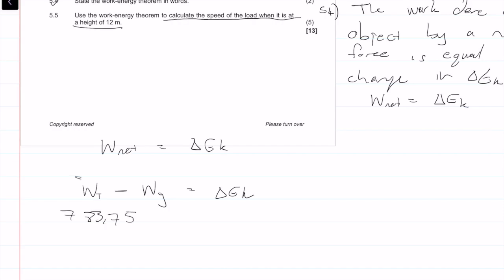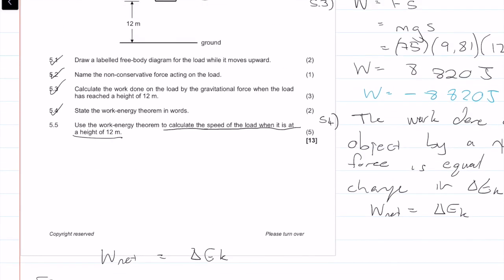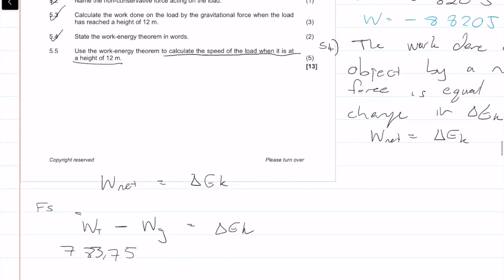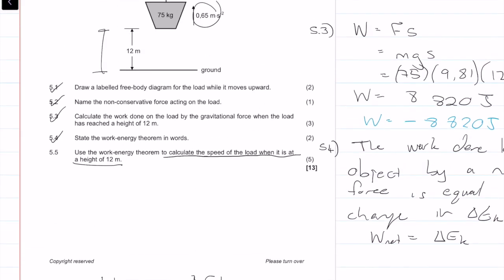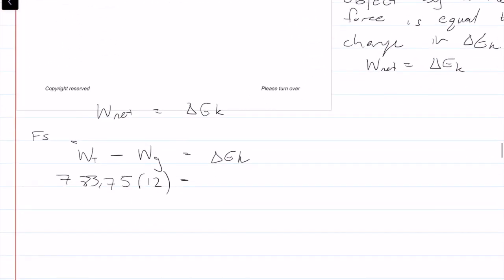Remember, work is equal to force times displacement, so the displacement is again the 12 meters, so times 12, minus the work due to gravity, which is 8,820, is equal to a half times my mass times velocity final squared minus velocity initial squared.